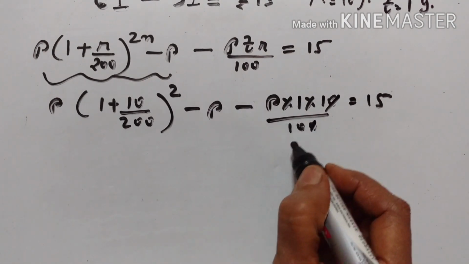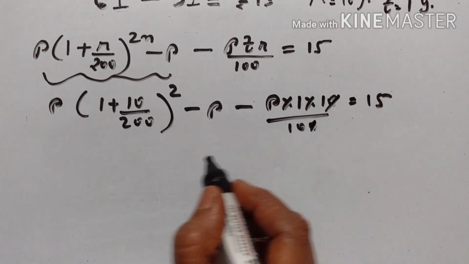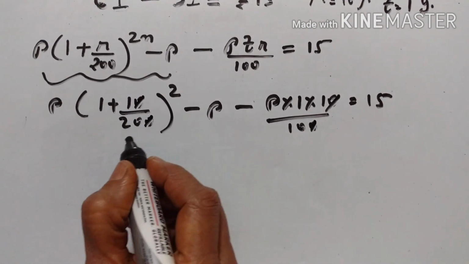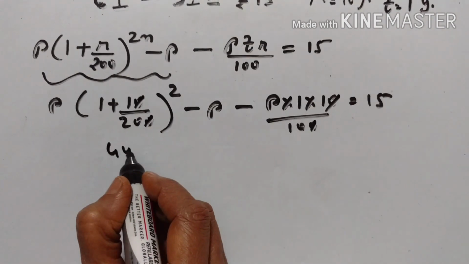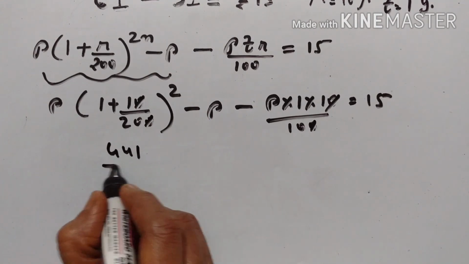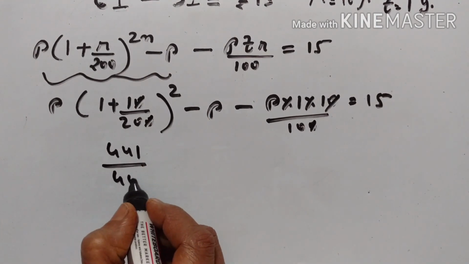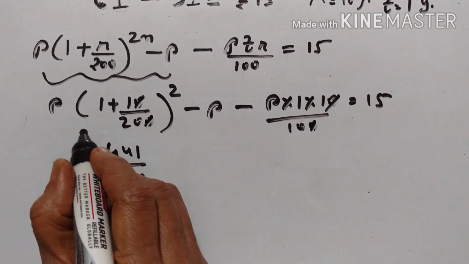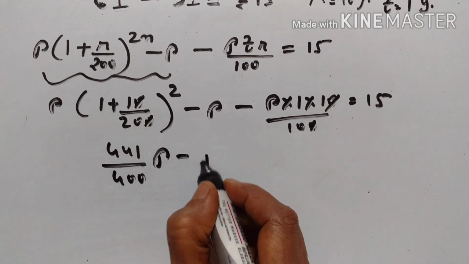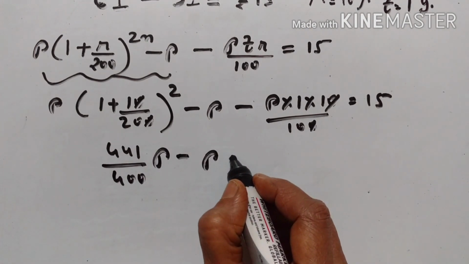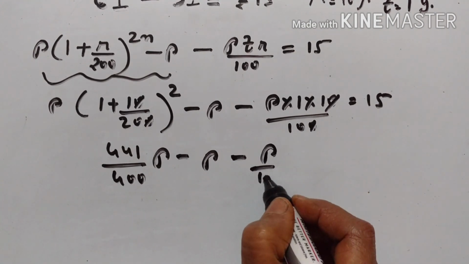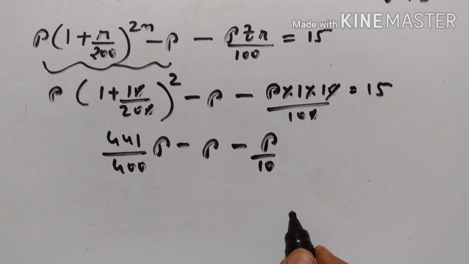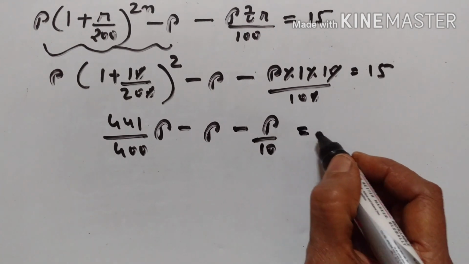This is P upon 10. 21 upon 20 square, that is 441. 21 square is equal to 441, upon 20 square is equal to 400, into P minus P upon 10 is equal to 15.